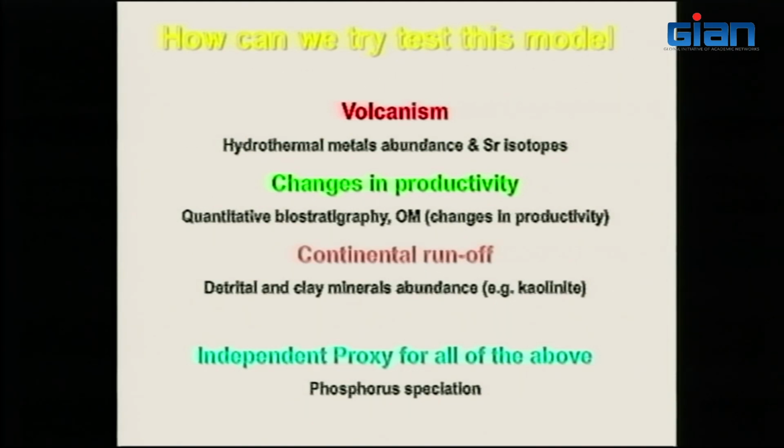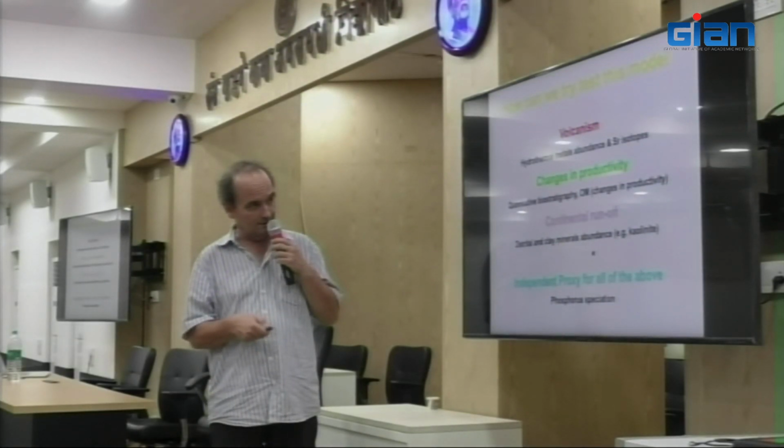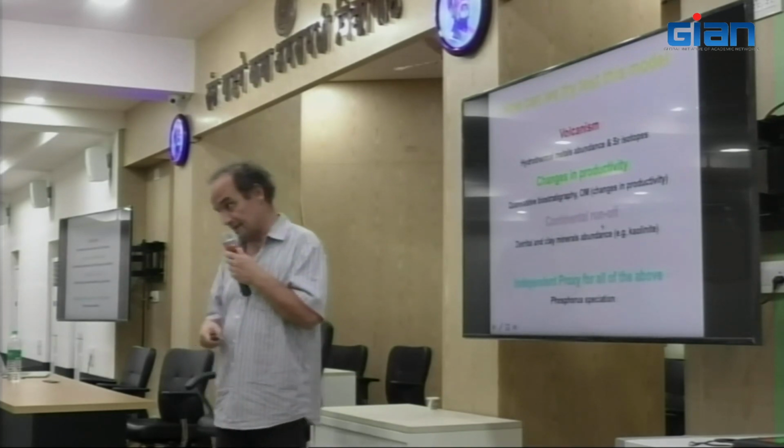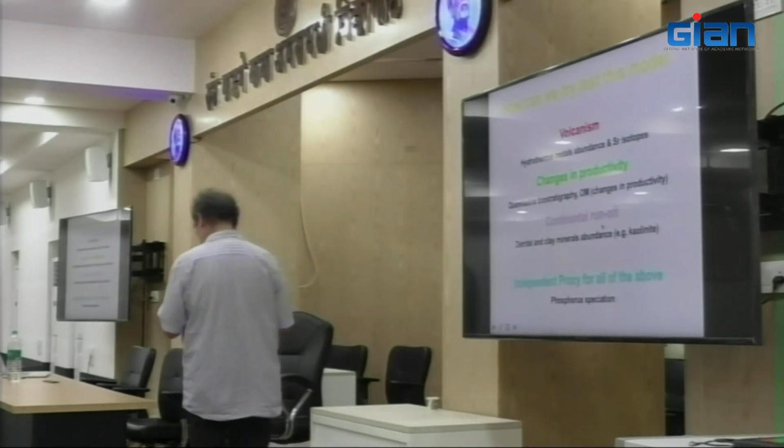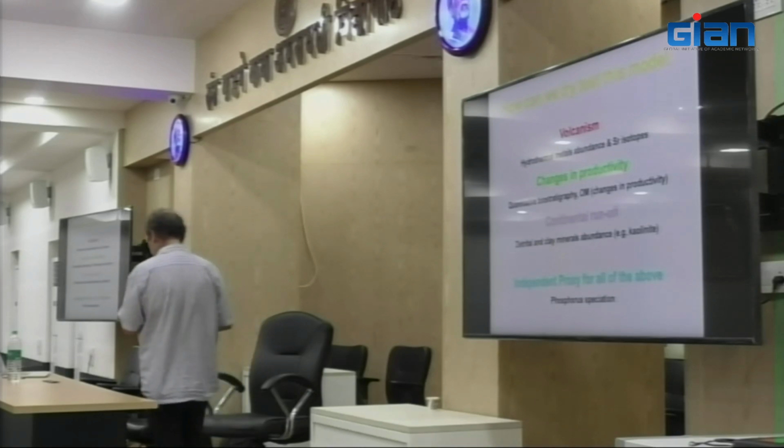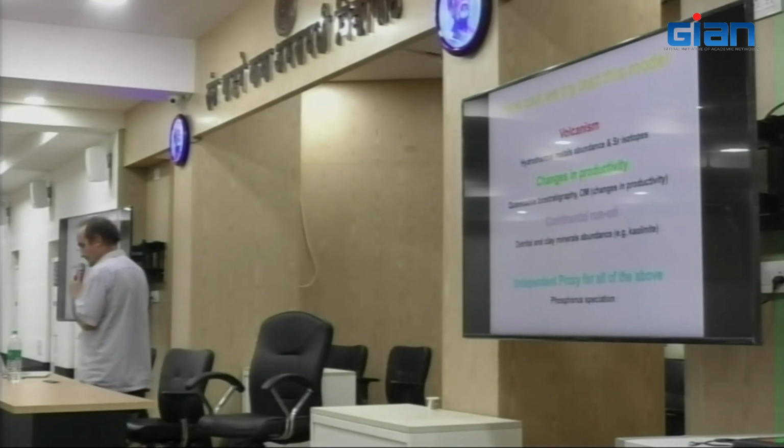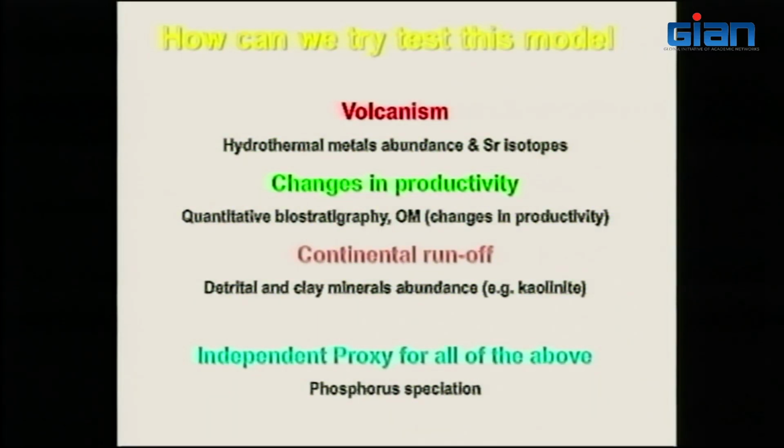Well, there is a proxy which is quite interesting, and could be quite independent of all the above. This is phosphorus, because phosphorus will clearly increase if the continental runoff increases. I remind you that phosphorus has as its origin only the weathering of basement rocks, mainly granites.